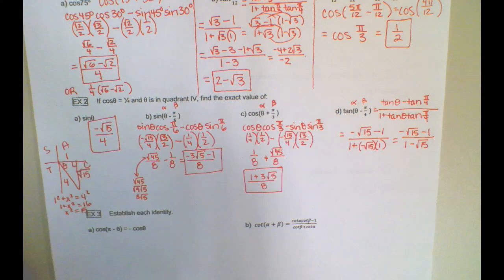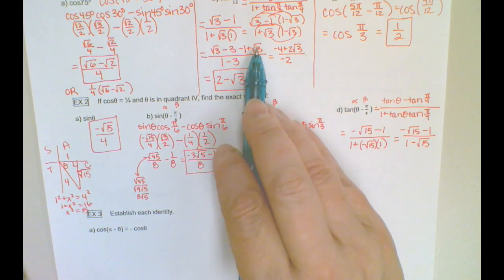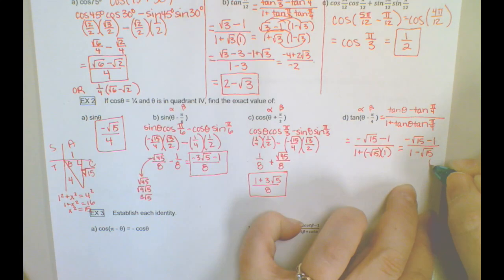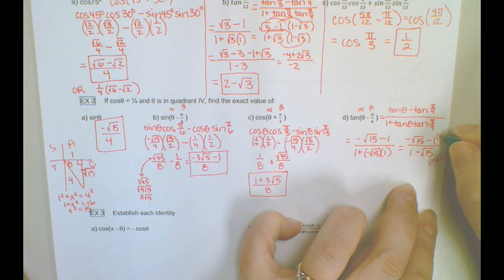And then you're noticing some patterns, hopefully, by this point. So same thing I have to do here as what I did up here when I had the tangent. I need to rationalize, so 1 plus radical 15 is what I need to multiply the top and bottom by to do that.